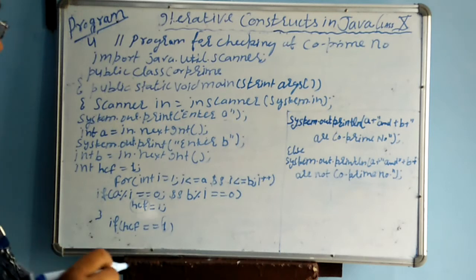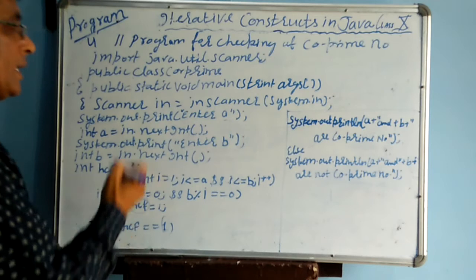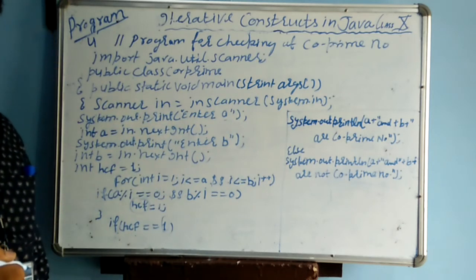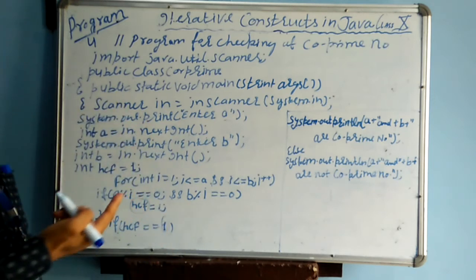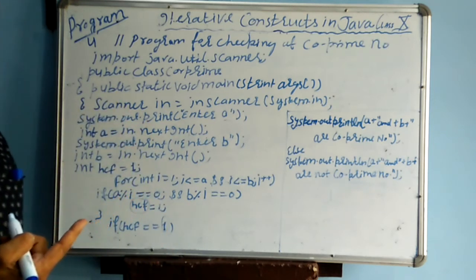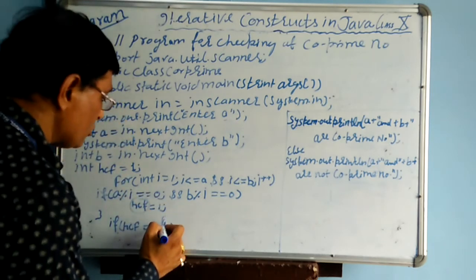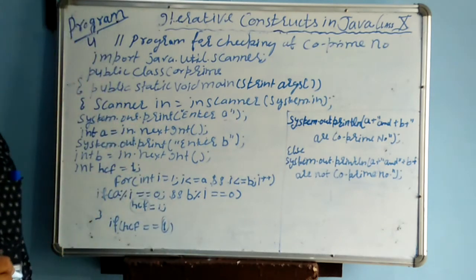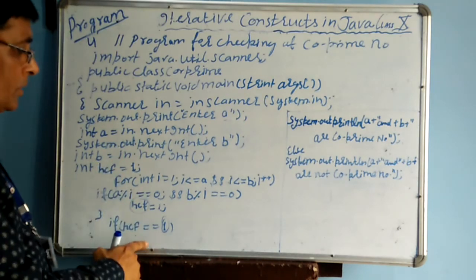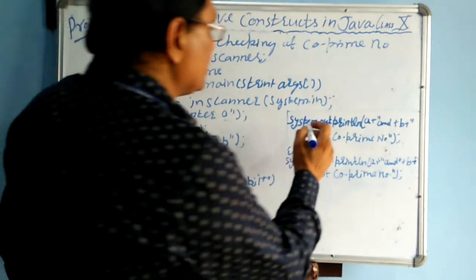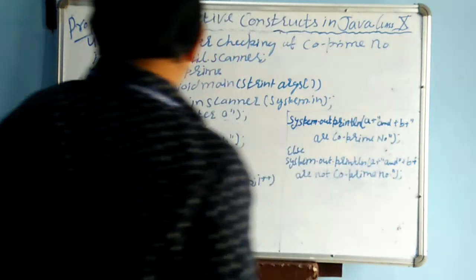In between, when you check the values, you will face so many types of values, but you will find only the final value. Suppose you see 1, then it will print that a and b are coprime.